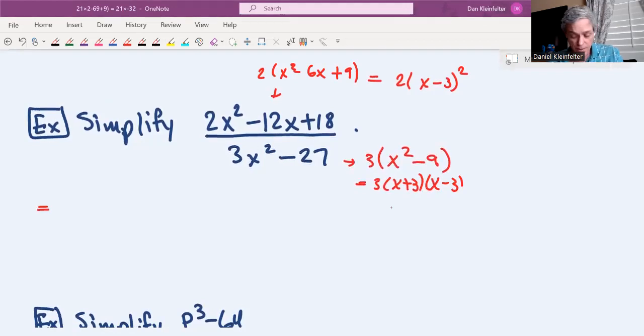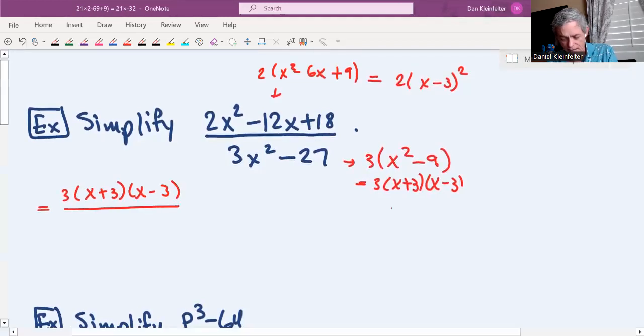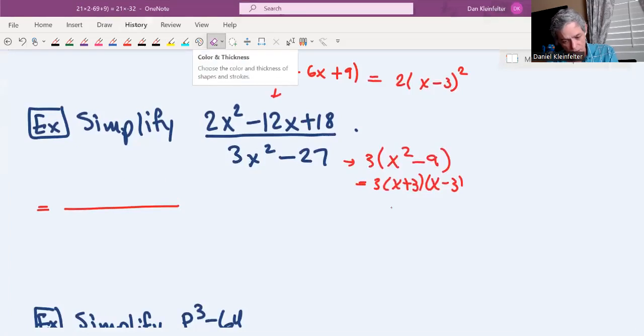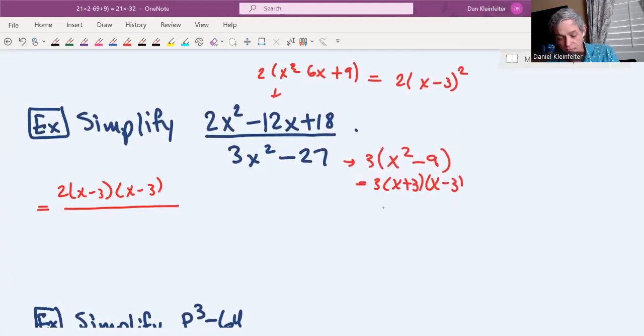Okay, putting together the pieces, we'll have... actually, no, that's our bottom. Sorry. Our top was 2 times (x minus 3) times (x minus 3). The bottom was 3 times (x plus 3)(x minus 3). Sorry about that.